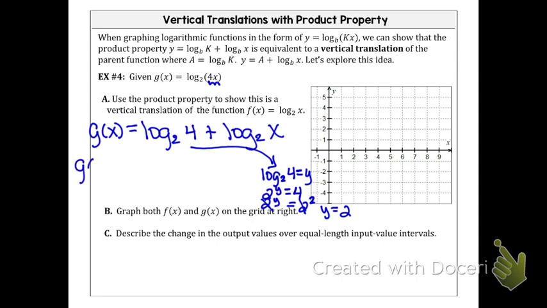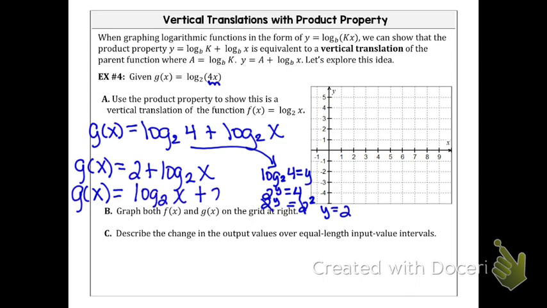So that means that our function here, g of x equals log base 2 of 4 is equal to 2 plus log base 2 of x, which is the same thing as if we'd have written it as g of x equals log base 2 of x, and then we had a positive 2. So we can see there that that is a vertical translation of the original up 2.